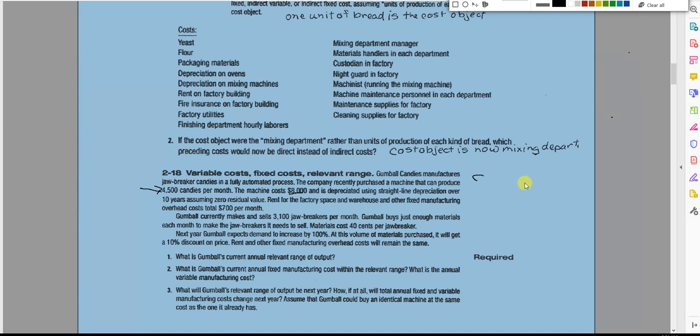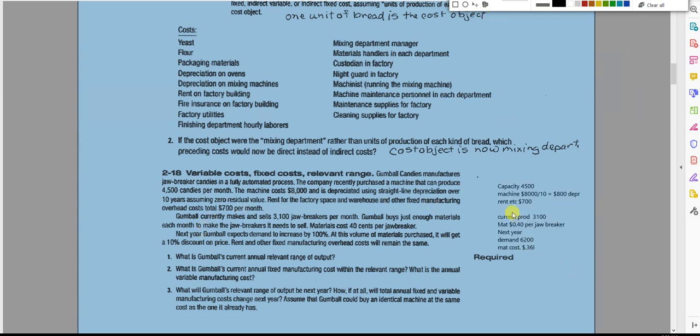So far we have capacity of 4,500, a machine cost of 8,000 straight line over 10 years. So 8,000 divided by 10 is 800, assuming no residual value. Rent for the factory space and warehouse and other fixed manufacturing overhead total $700 per month. So make sure you have that so far.